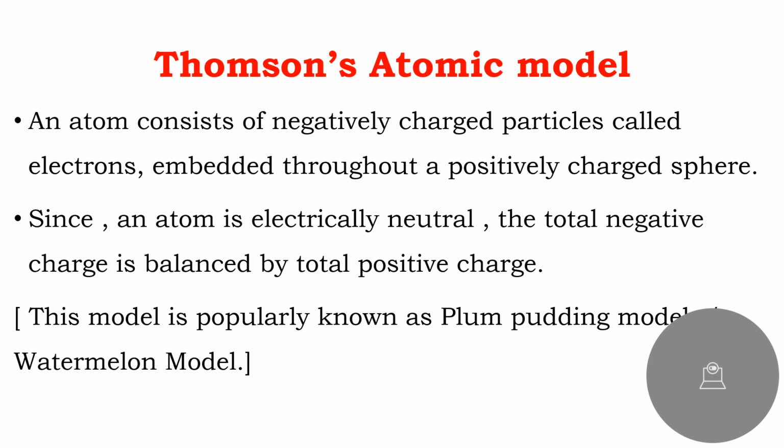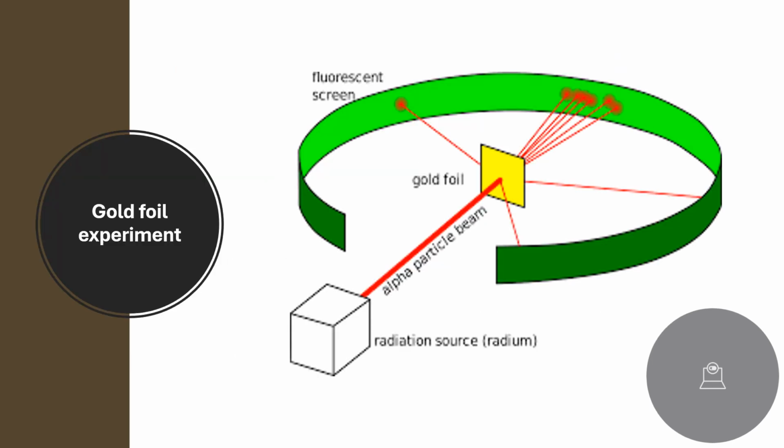Next one, gold foil experiment. Ernest Rutherford was born and raised in New Zealand, and after his successful studies on electricity and magnetism, he moved to Cambridge University in England to work with J.J. Thomson.